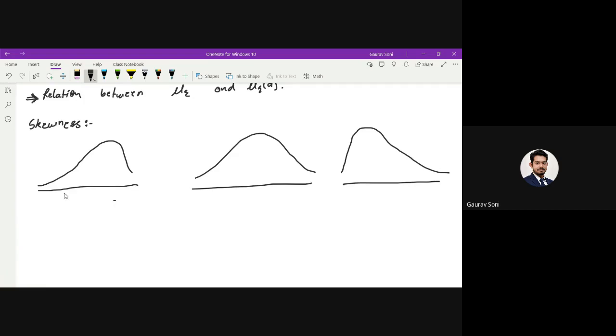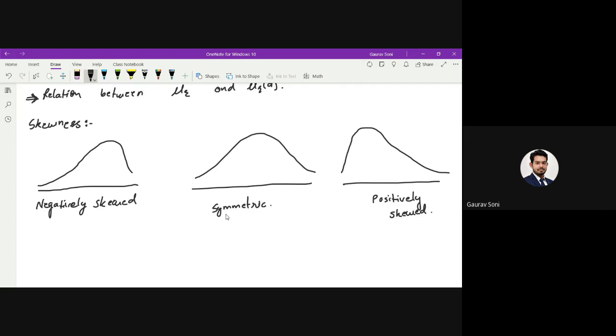The curve which is stretched on the left side is negatively skewed. The curve which is stretched on the right hand side is positively skewed.